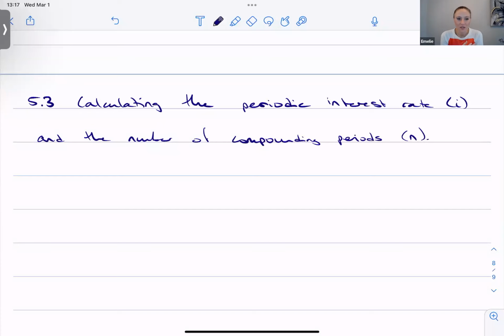So we're going to start by solving for I, and then we'll solve for n, and we've got examples for both of them.